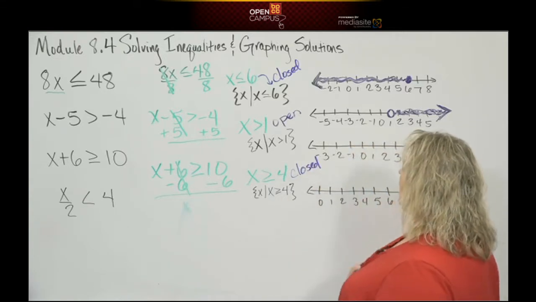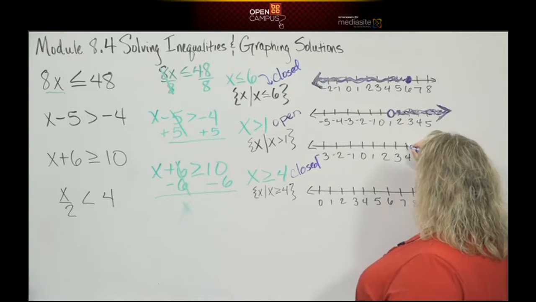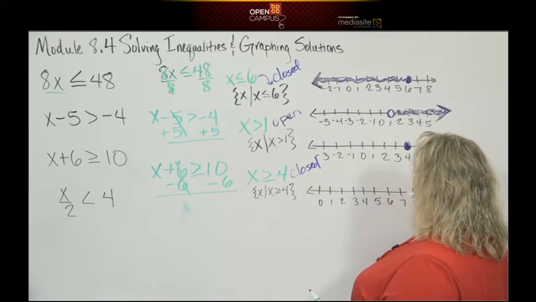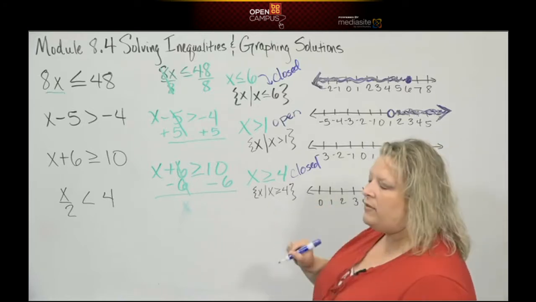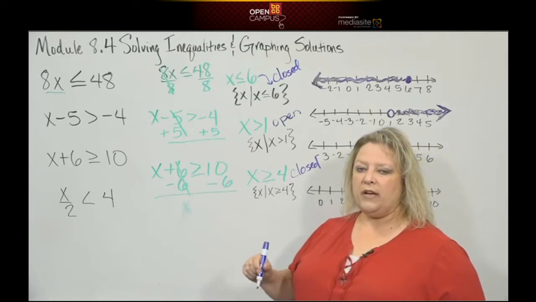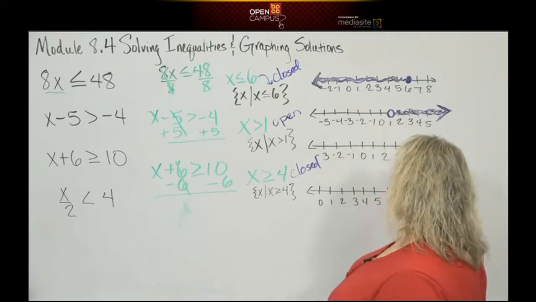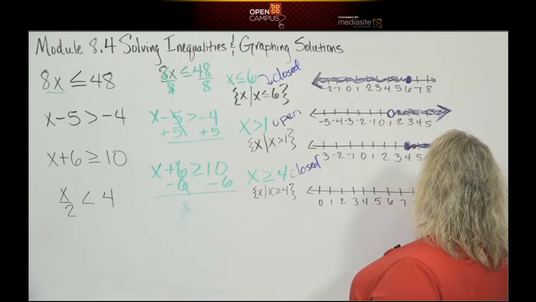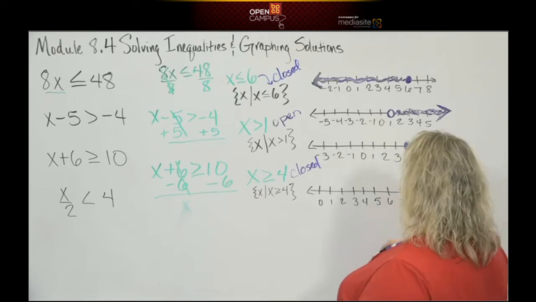So we're going to go to positive 4. We're going to close our circle, meaning we're going to fill it all the way in. And then I want to shade greater than or equal to. So greater than or equal to shades to the right. So here we go. We don't have as far to shade on this one because I cheated on the number line.